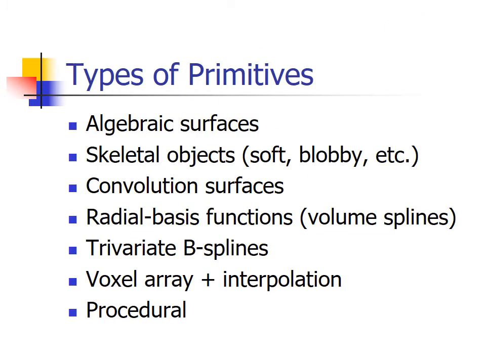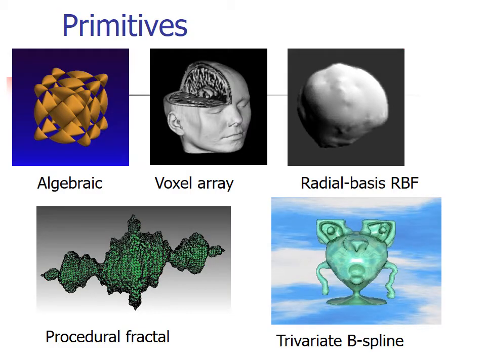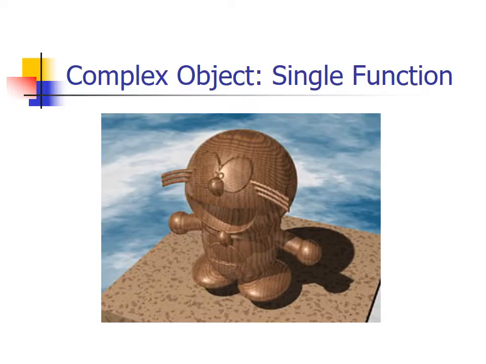There are the following types of FRep primitives: algebraic surfaces, skeletal objects such as soft or blobby objects, convolution surfaces, radial basis functions or volume splines, trivariate B-splines, voxel array plus interpolation, and procedural. On this slide you can see examples of different types of primitives. The complex object of FRep is shown on this slide.